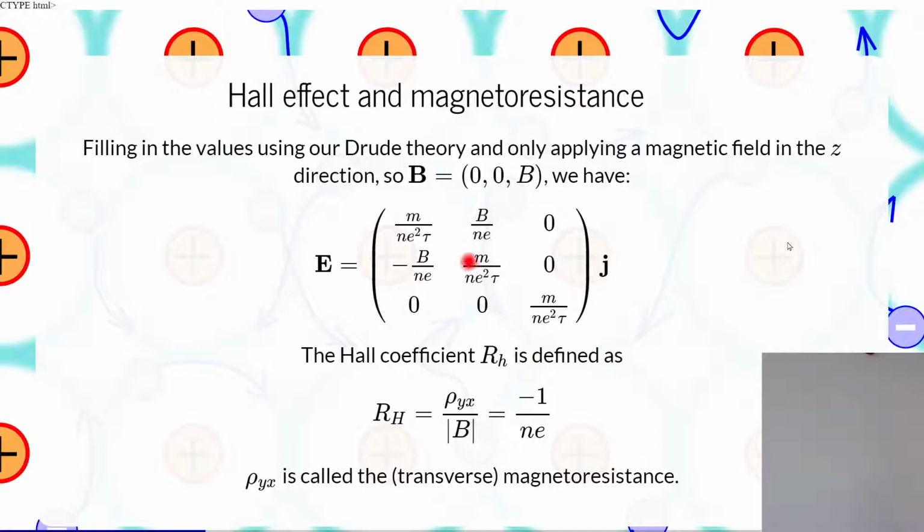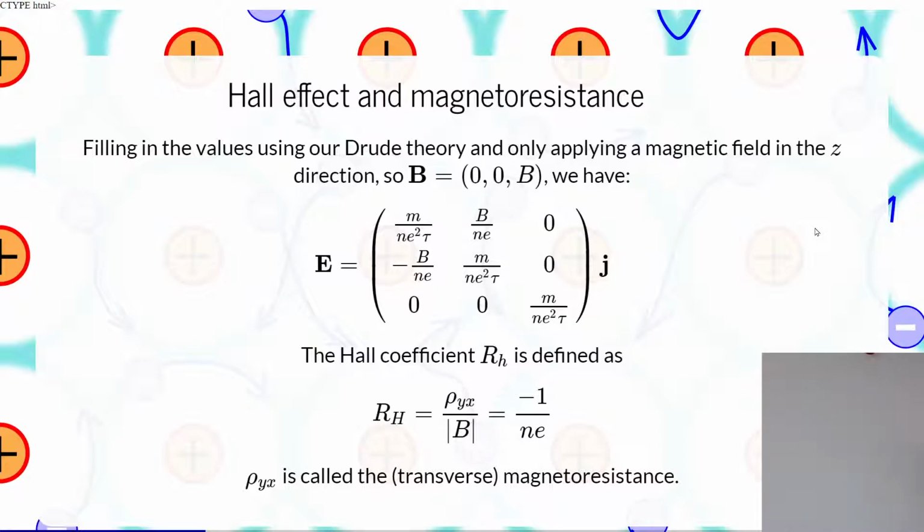I'll say it again in a minute, but the other thing: if you don't apply a magnetic field but just a constant electric field, we should induce a current that's related by this expression, which has the electron density and the electron charge and mass, which are known, and this tau. If we do a Hall measurement, we can measure N, the electron density, and if we make a measurement without a magnetic field, we can extract something that's got the product of N and tau, so we can extract tau.